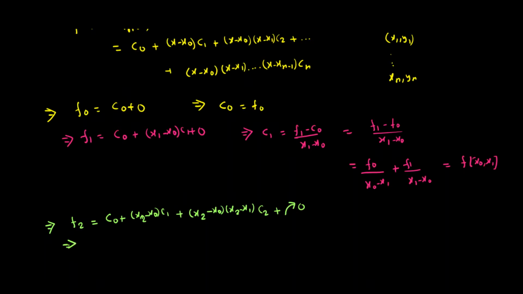So from here, I have to extract the value of c2, as we know the value of c0 and the value of c1. So this will be equal to f2 minus f0 minus x2 minus x0 into f[x0, x1]. So I replace this value, f1 minus f0 upon x1 minus x0, with this value.